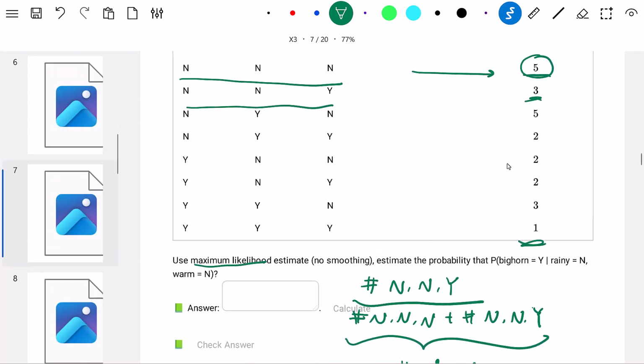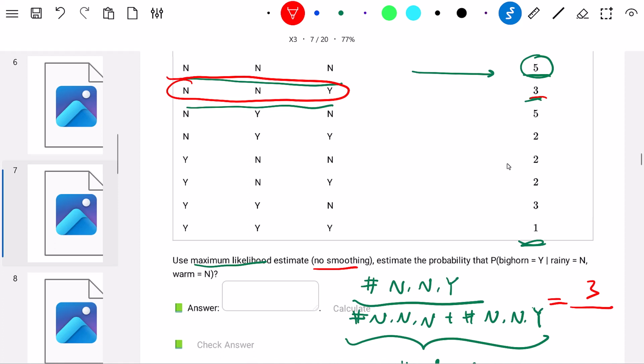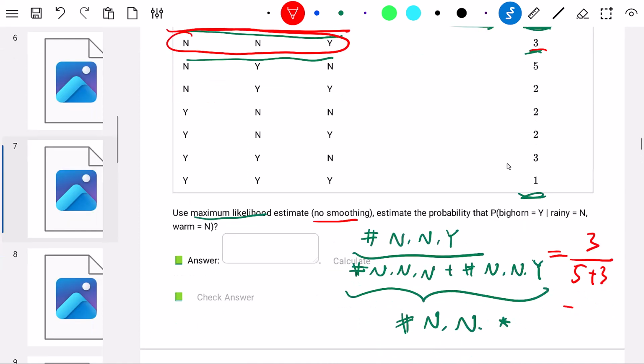Okay, so there are 2 things we need to count. N and y, which is which one? This one. N and y, and the number is 3, so we just use 3. And if we have smoothing, then we add the smoothing parameter. On the bottom, we have n and n, which is the first line, so it's 5, plus n and y, which we already have, so it's 3 over 8.